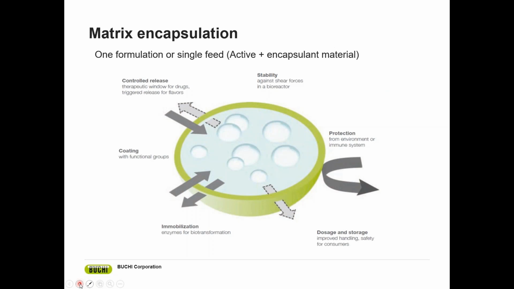So I'm going to touch on encapsulation. When we do spray drying, we're going to use one formulation or single feed of our active ingredient and an encapsulant material to do what we call a matrix encapsulation. And what this means is that I want to have good content uniformity of my oil, flavor, or active inside a solid particle that has a polymer or carrier on the outside.